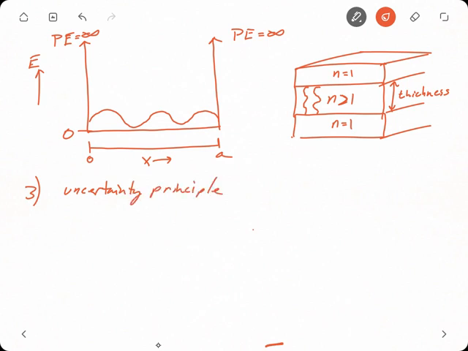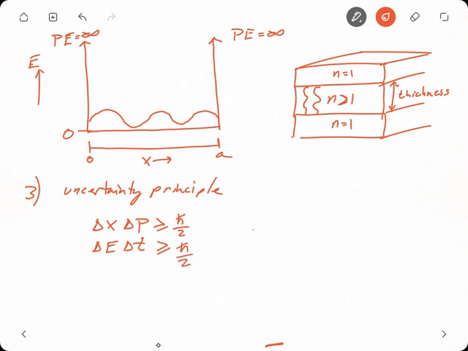Okay, and the last sort of ingredient for our quantum mechanics is uncertainty. And what this means is that the uncertainty in position and the uncertainty in momentum, or the uncertainty in energy and time, have to be greater than a certain number. And it turns out that this is usually stated as h bar over 2.